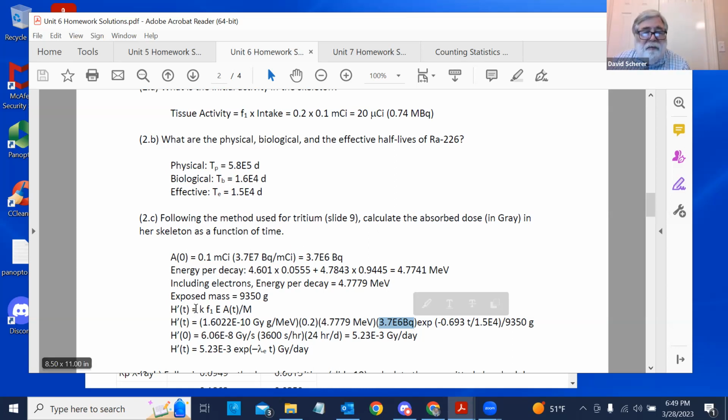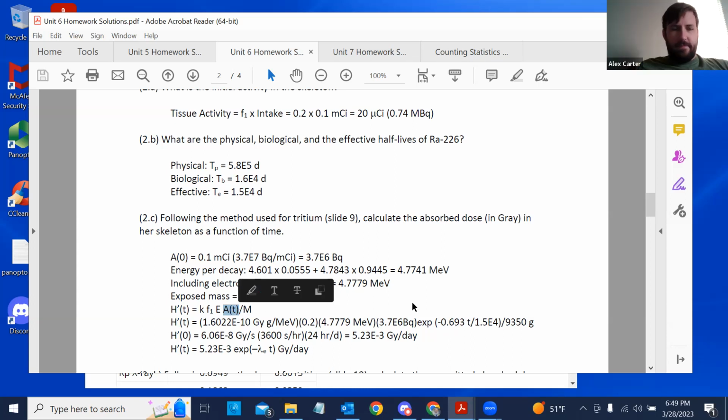In this formula, the F1 is how much is transferred from ingestion to the blood, or inhalation to the blood, intake to the blood, and then the A is the activity that's intake, not the activity that gets retained.